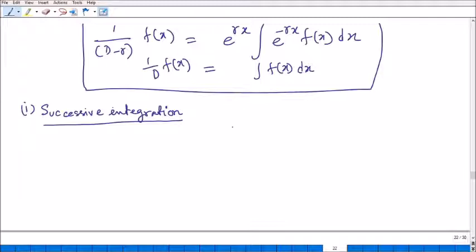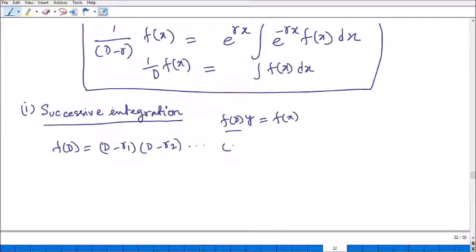So we know the differential equation is f(D) y equal to f(x). Here the polynomial function f(D) is written as (D minus r1)(D minus r2) and so on.